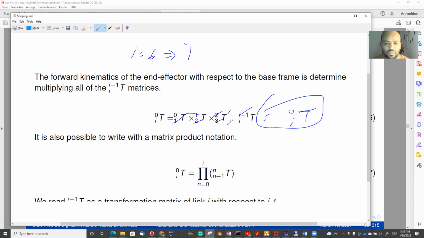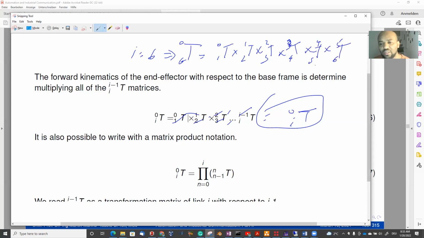So T 0 to 6 means T of 0 to 1 times T of 1 to 2 times T of 2 to 3 times T of 3 to 4, sorry, times T 4 to 5, then finally it is T 5 to 6.